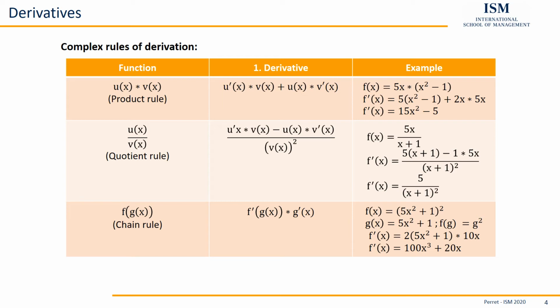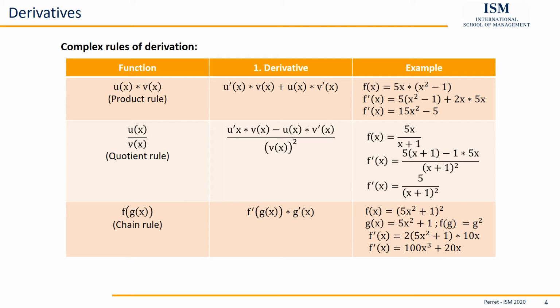That's a little bit different when we talk about the quotient rule, but we're going to do this in a moment. First, let's have a look at the example. Here we have 5x times, in parentheses, x squared minus 1. So first, my first function is the 5x. I derive 5x, which is 5. I keep the x squared minus 1 as is. So I have the first term 5, parentheses, x squared minus 1.